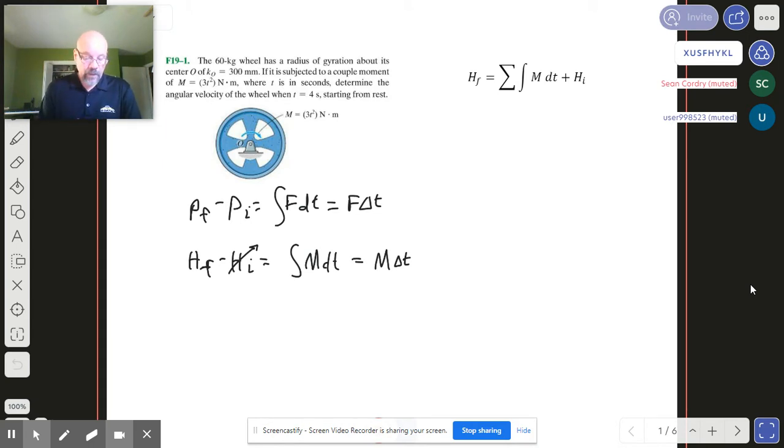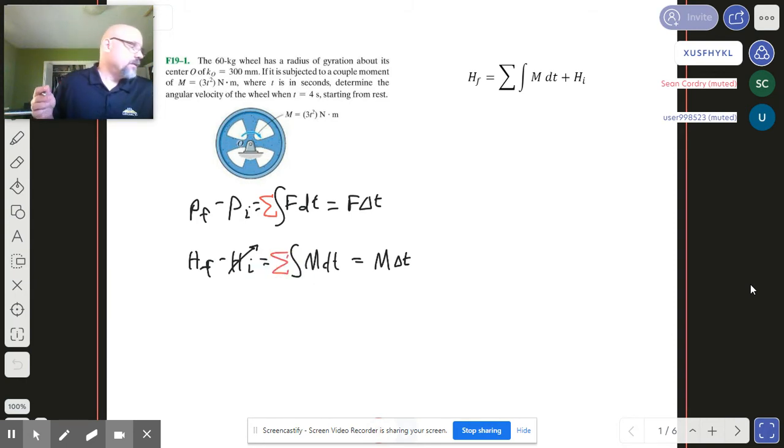Now, we are going to introduce something just a little bit different, because the reality is we could have multiple forces acting on our translation. So really what we need here is to call this the sum of the integral of all those forces working together. And with moments, it becomes the same thing.